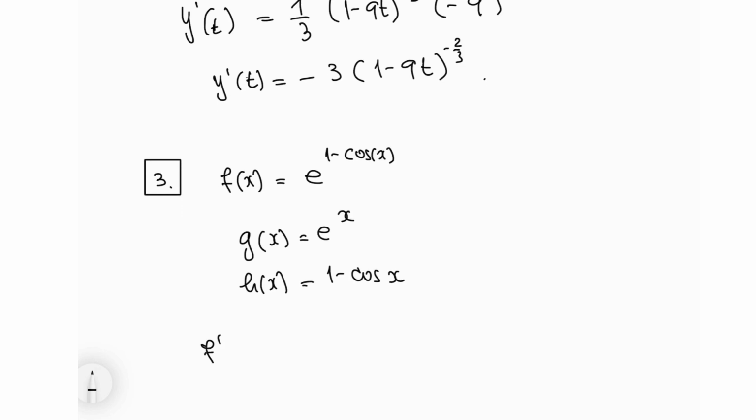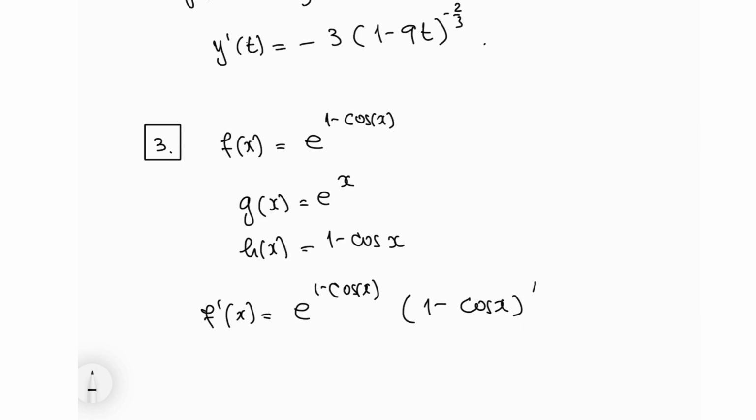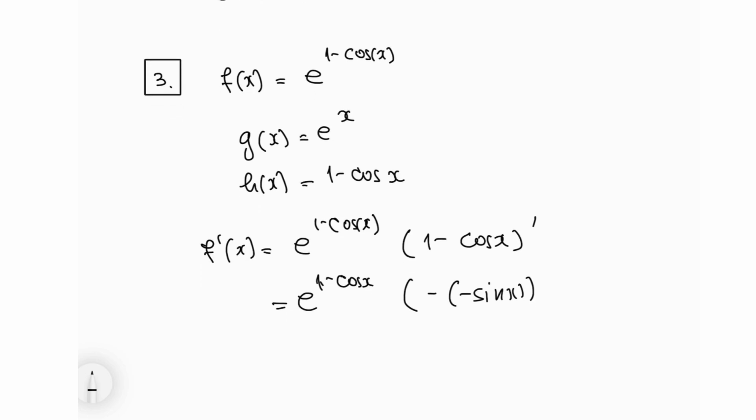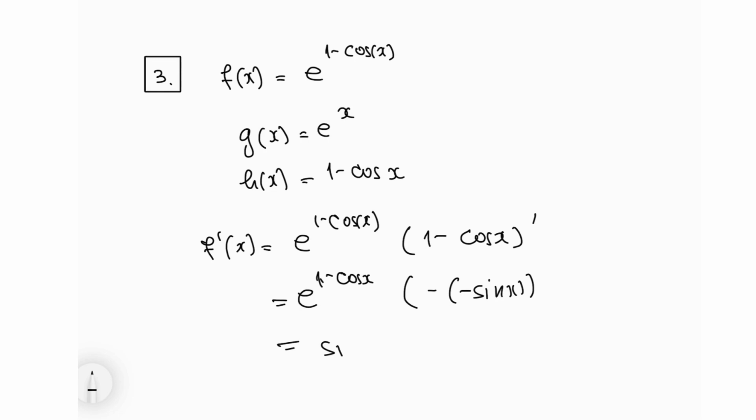So f prime of x will be e to the power 1 minus cosine x times the derivative of 1 minus cosine x, and that is sine x. The final answer is sine x times e to the power 1 minus cosine x.